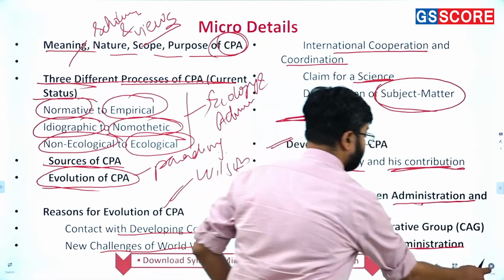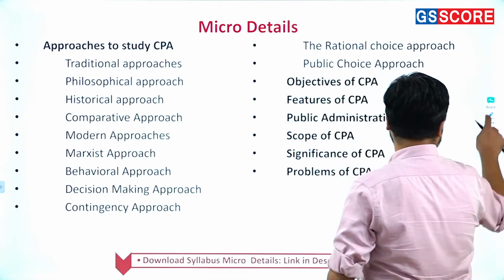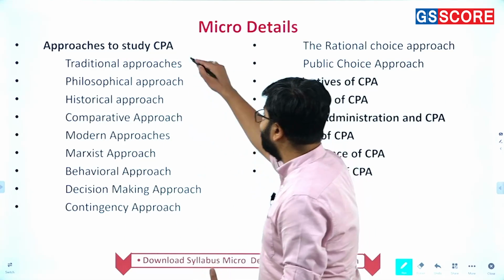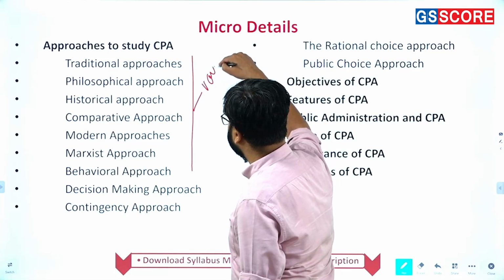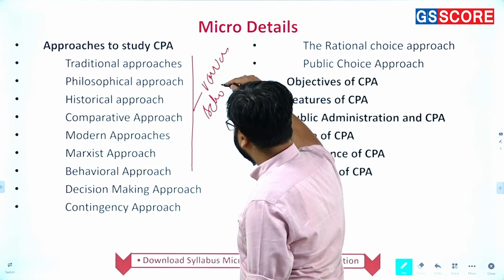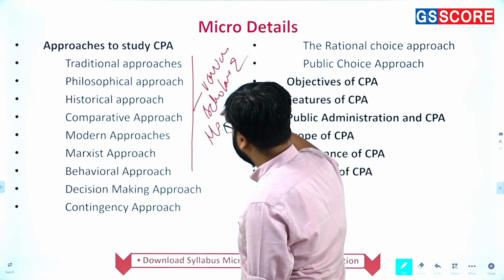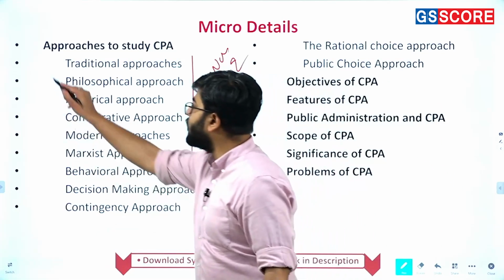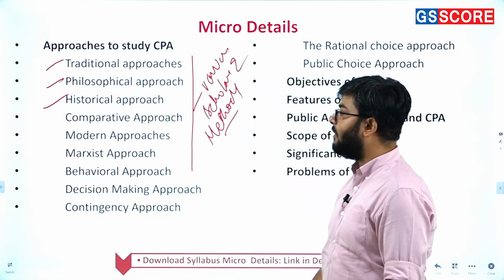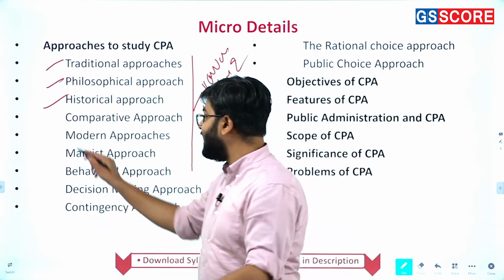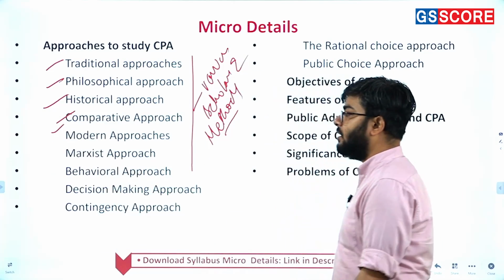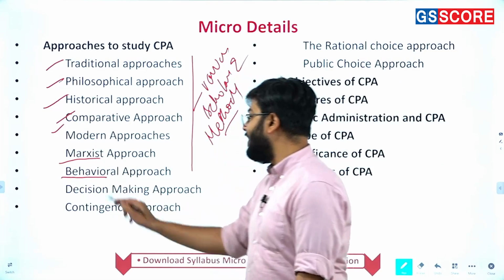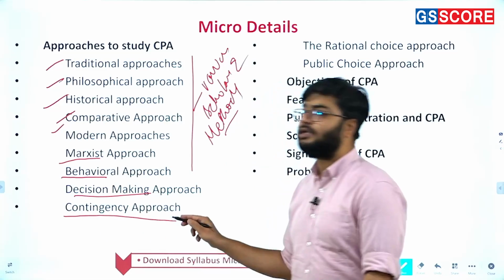Further, the various theoretical approaches, and of course they will involve various scholars and methods. The traditional approaches, philosophical approaches, historical approach, comparative approach itself, and the modern approaches, including Marxist, behavioral, decision-making, contingency approach.